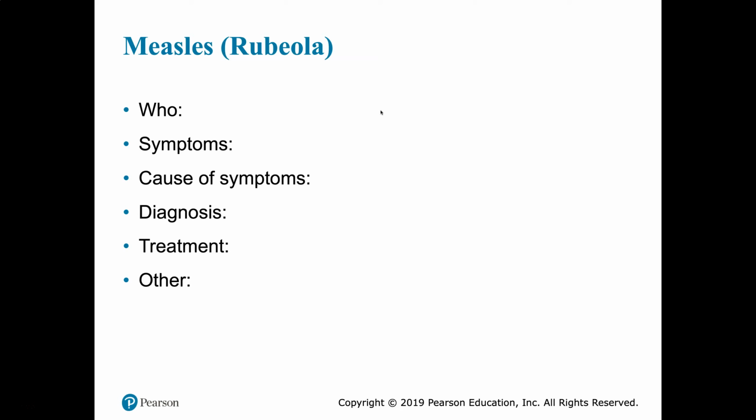fever, sore throat, dry cough, something called a Koplik spot. Basically, a Koplik spot is red spots or little circular spots that have a white dot in the very center, and they're found in the mouth.